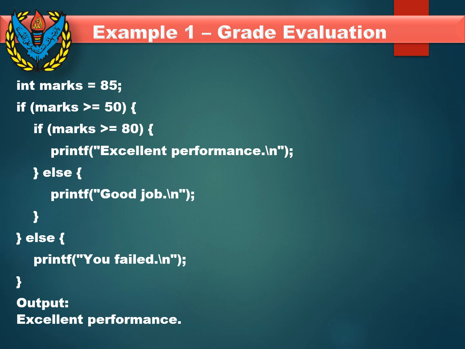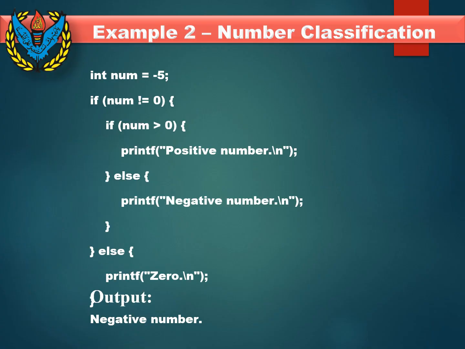In the second scenario, if we change the value of marks to 35, then the first if condition becomes false because the value of marks is 35. It is not greater than or equal to 50. The condition is false, so the else that is related to the first if will execute and it will give the message you failed. So this is example one.